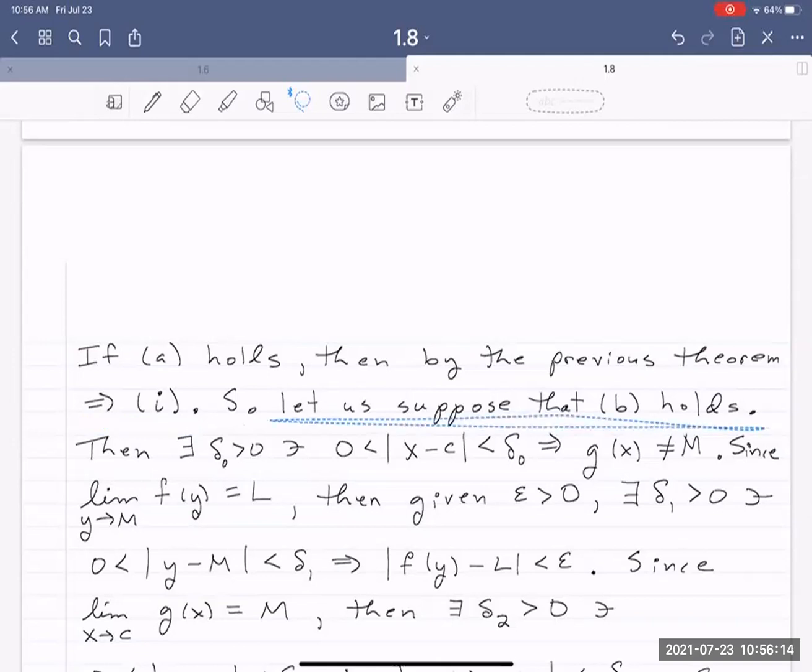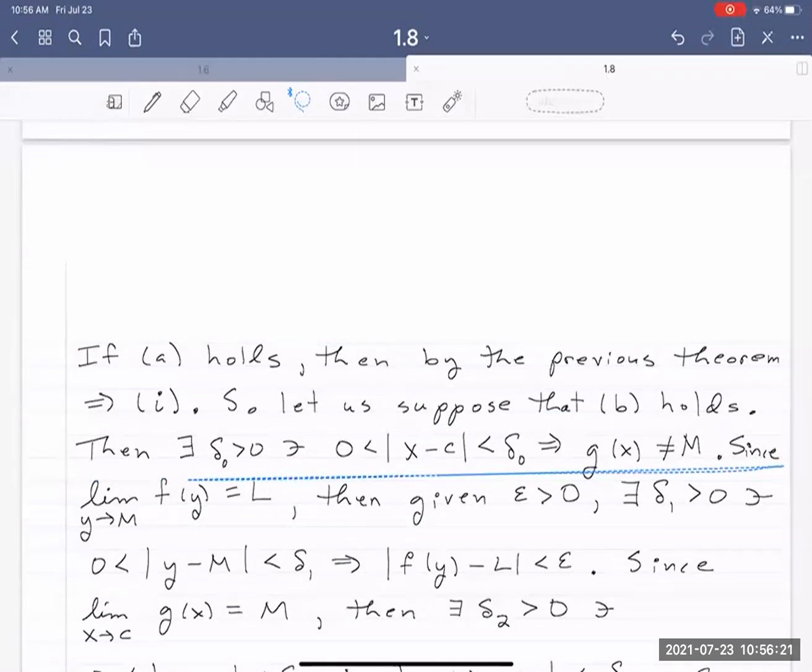So let's suppose that B holds. Then there exists a delta 0 greater than 0, such that x minus c in absolute value between 0 and delta 0 implies that g of x is not equal to m.